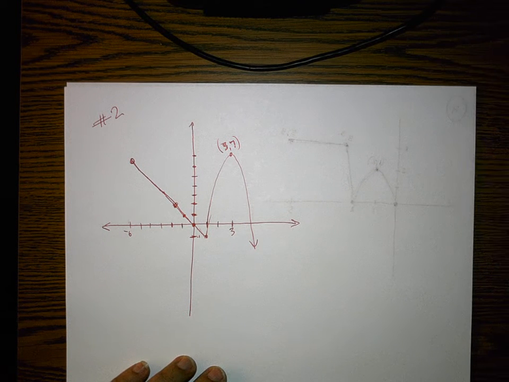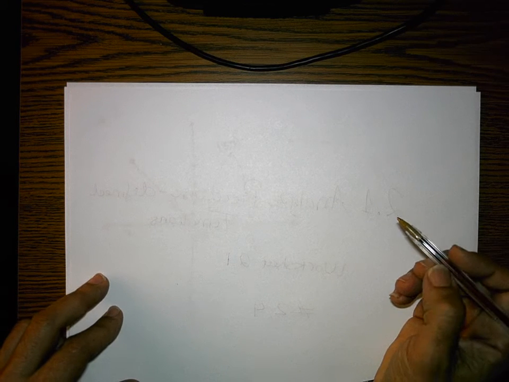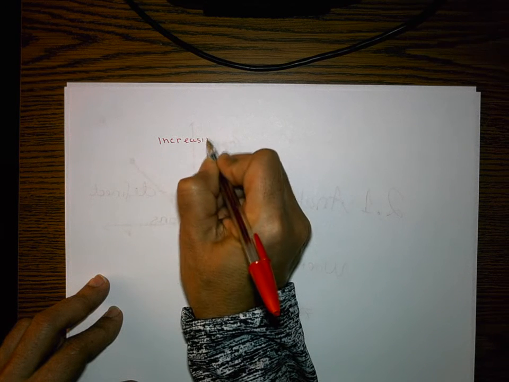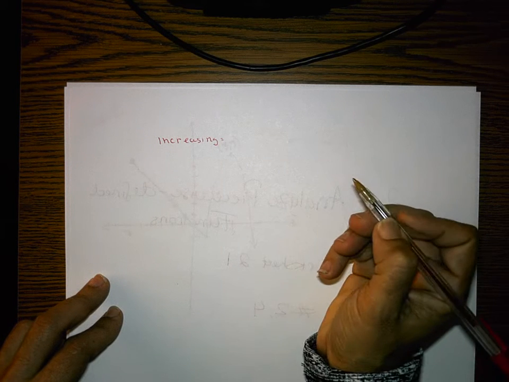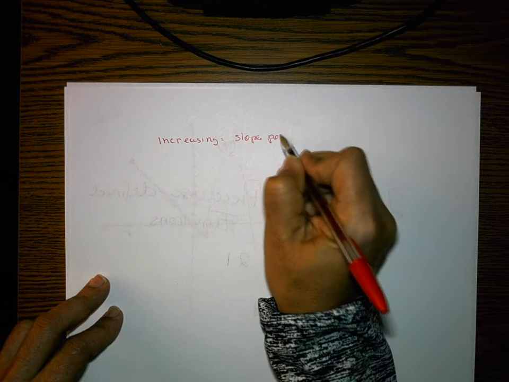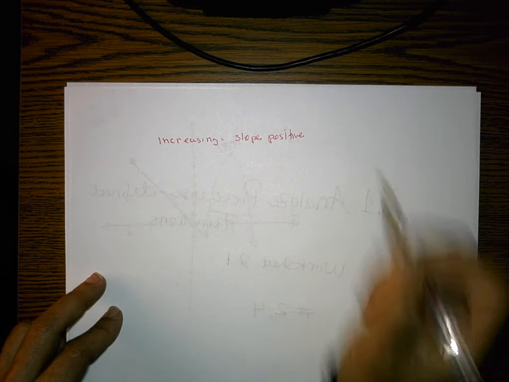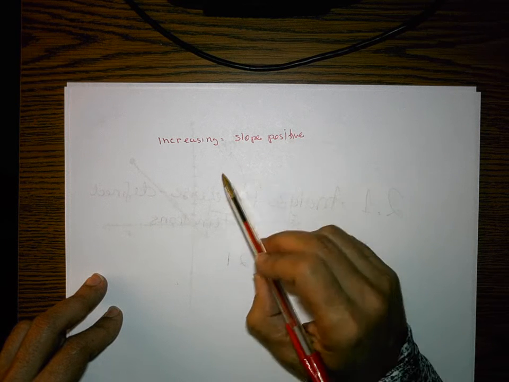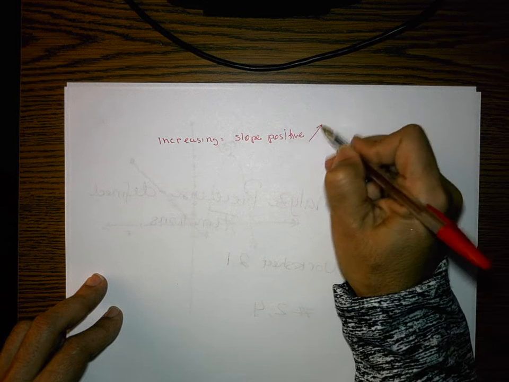We need to review the definition of increasing. So let me write down a few things here if you missed my notes. You have to understand what something that is increasing is. A part of the graph where it is increasing, the slope will be positive. So every increasing portion of the graph will have a positive slope, something going upward.